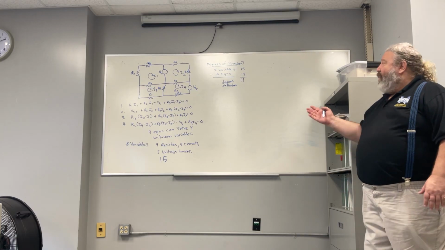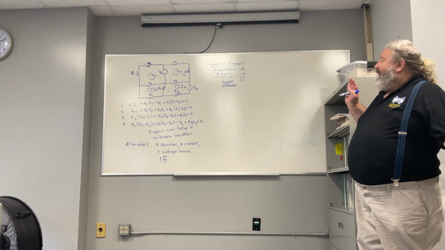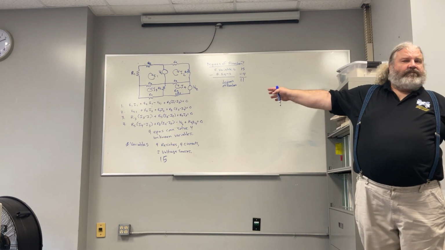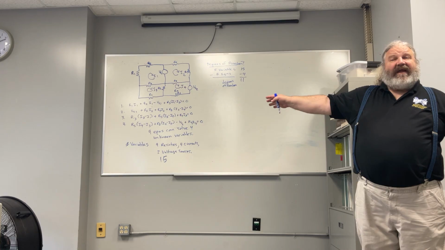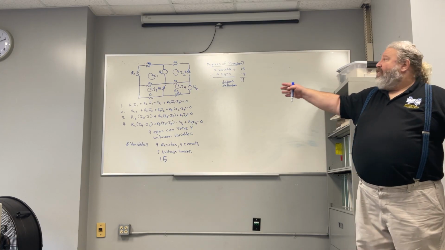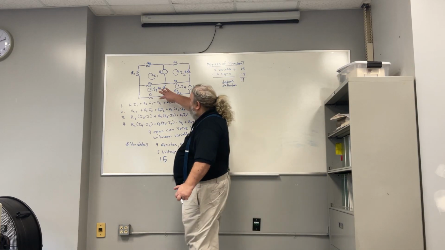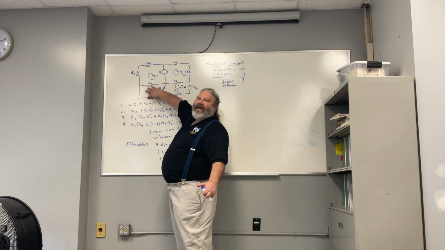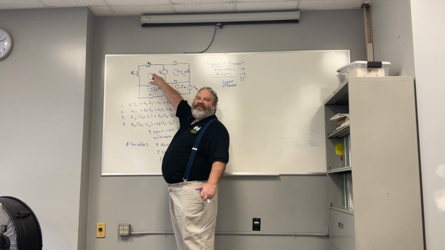That's why when you do this in an EE class, almost always you're just solving for the currents. But when you get to design, you get your capstone, that's not the case. Because here, I may need some sort of power. Or here, I might need some specific current value.